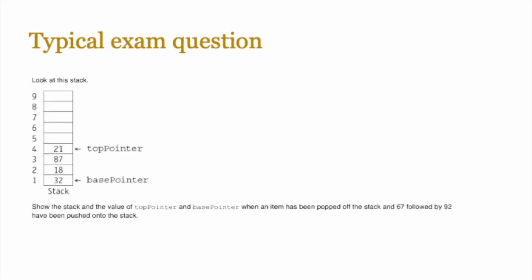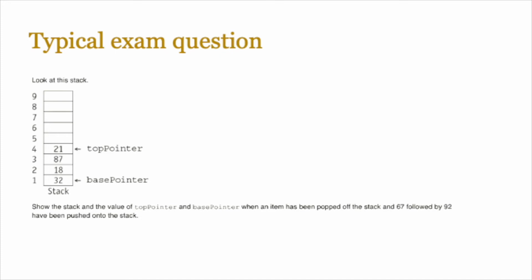Now, a typical exam question might look like what you see on screen. Look at this particular stack, there's a few values. Show the stack and the value of the top pointer and base pointer when an item has been popped off the stack. So that's the first part. The second part is add 67 followed by 82, which need to be pushed onto the stack.